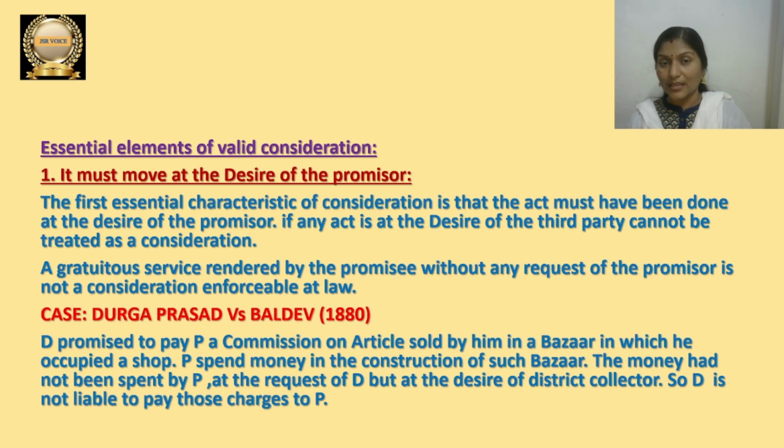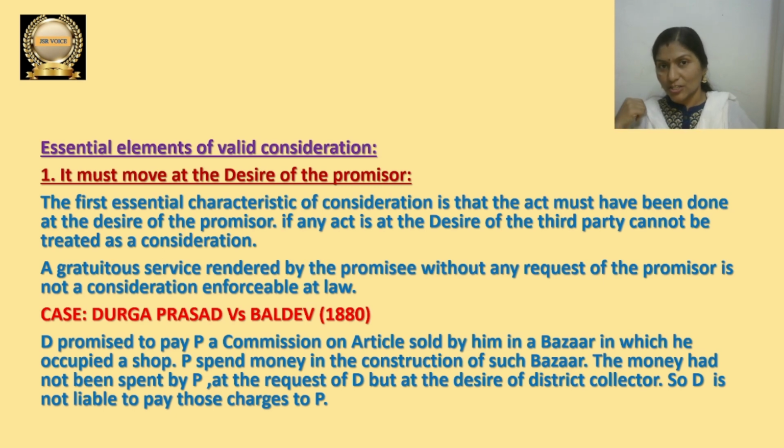And P is saying to D, I constructed a bazaar and you have to pay money for that, the construction charges. But that was not the promiser's desire. D did not ask him.